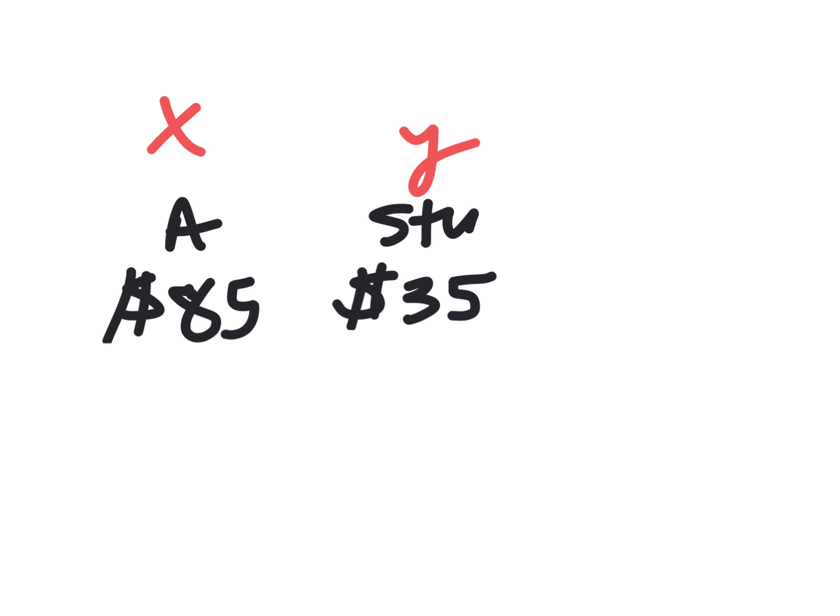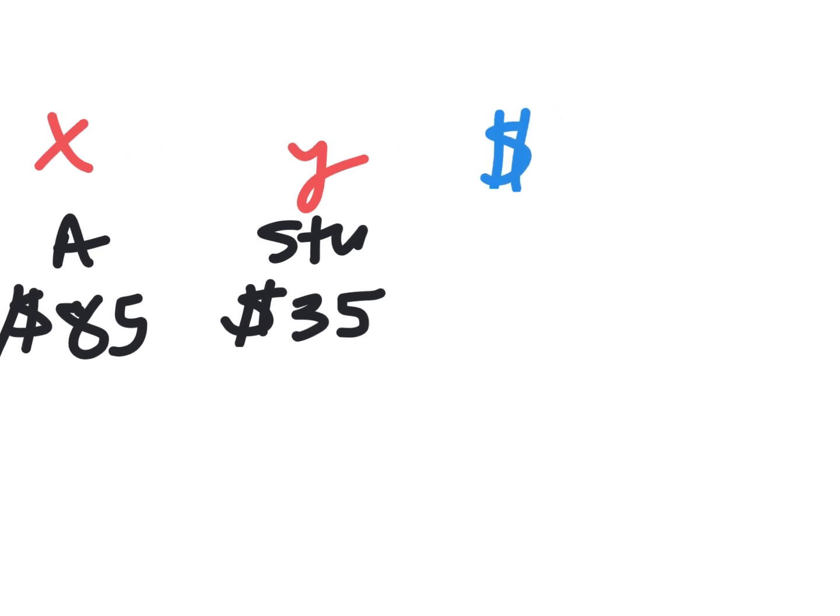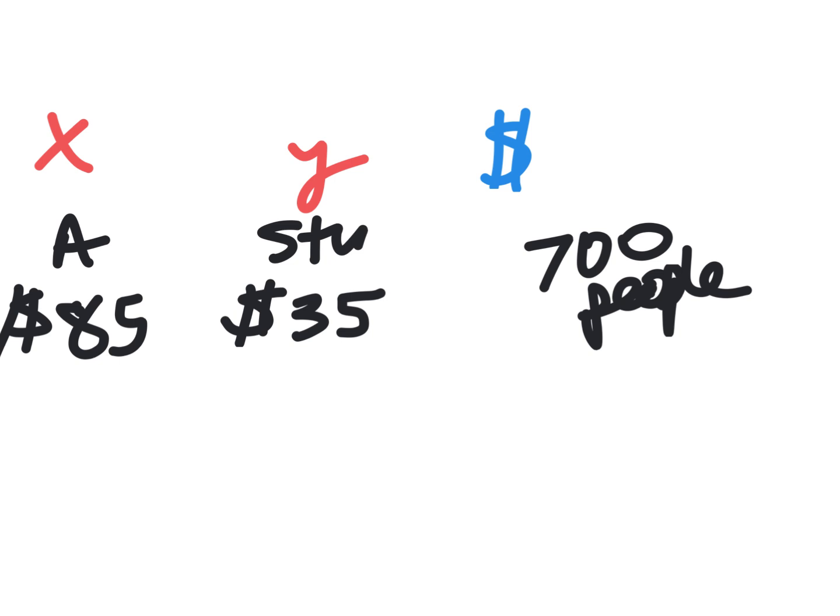They made 10,000. The other equation goes with this. There were 700 people at the concert who paid to get in.